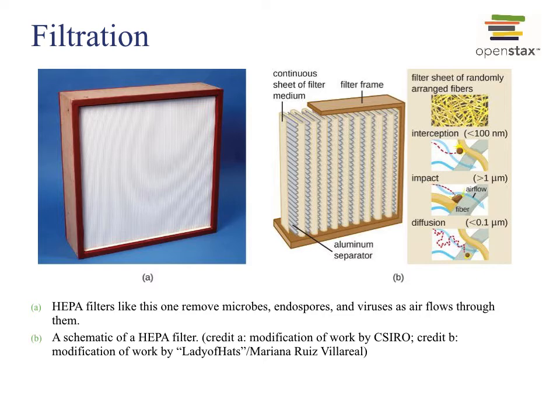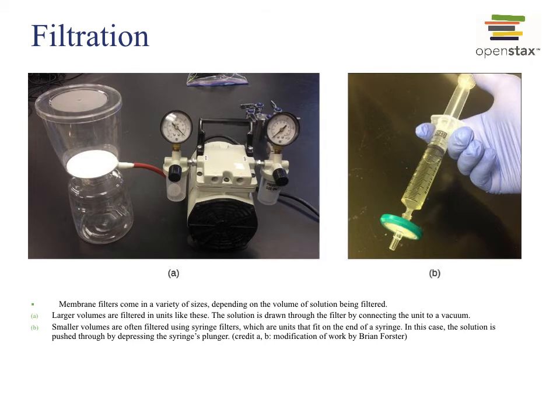And the nice thing about filtration is here we're not altering the temperature or any other quality of the air or liquid that passes through filters. So we can use membrane filters to sterilize solutions. Although, again, these solutions have to be pushed through under pressure, and these filters have to be very, very fine.